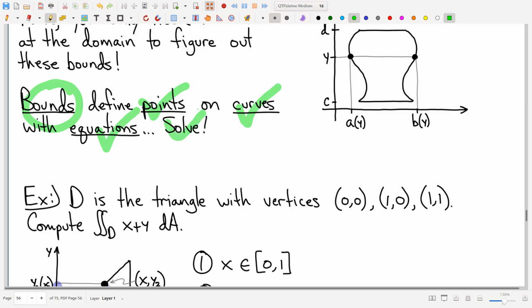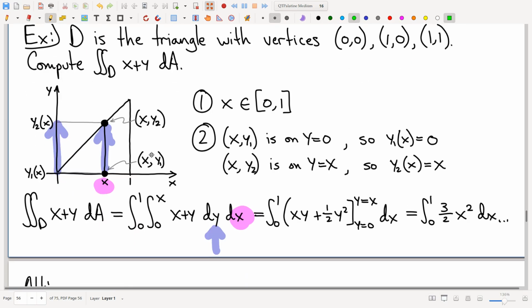Write down the equation. Solve. Okay, so our lower bound for y comes from this point right there. Right, no matter what value of x you're looking at, that's what the point's going to look like that determines our lower bound for y. And it's always going to be on this curve.